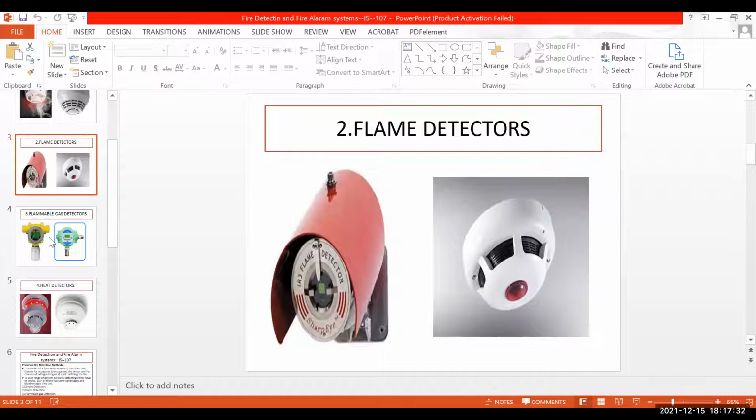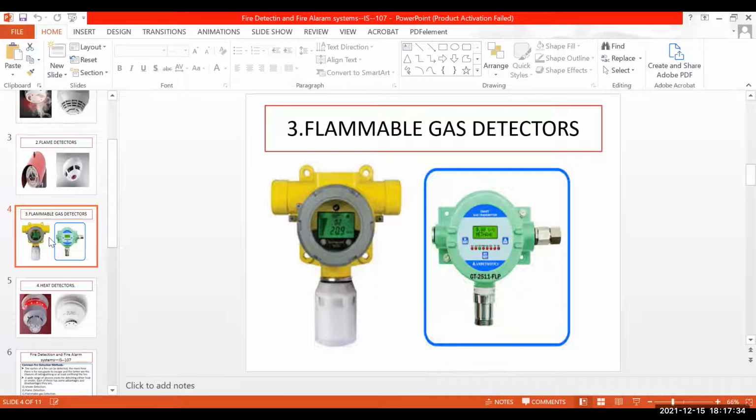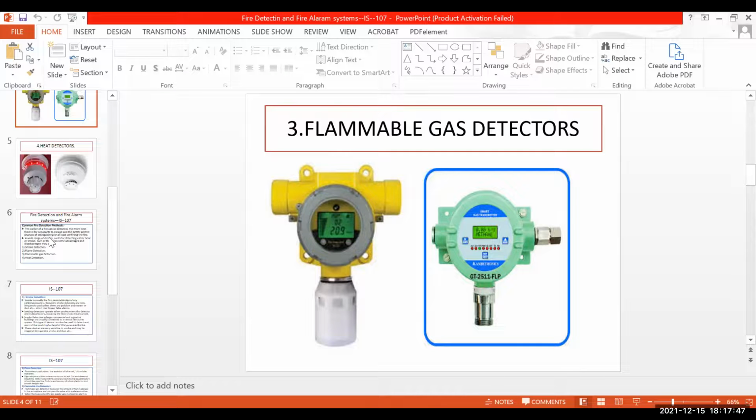Calibration should be done on these meters to check whether they are working properly, on a yearly basis or so. We'll have a company requirement, and based on that it should be done.